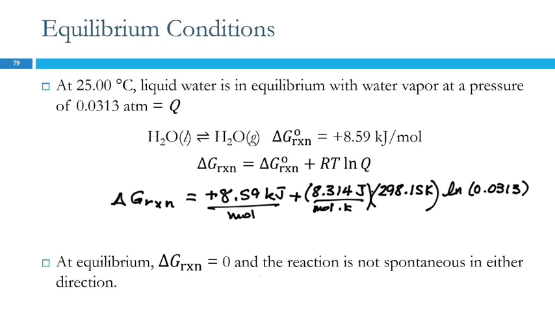So then this is 8.314 times 10 to the minus 3 kilojoules. So 8.59 plus 8.314 times 10 to the negative 3 times 298.15 times the natural log of 0.0313.